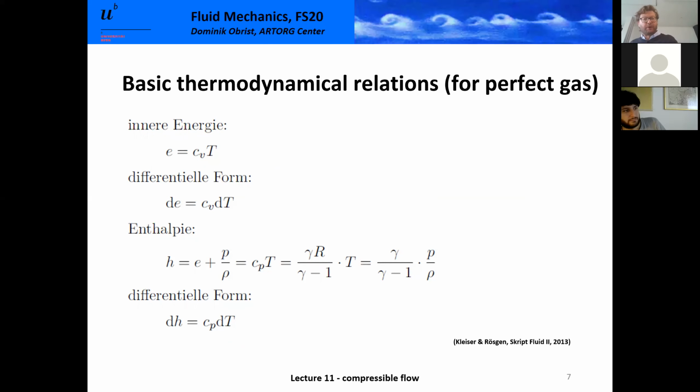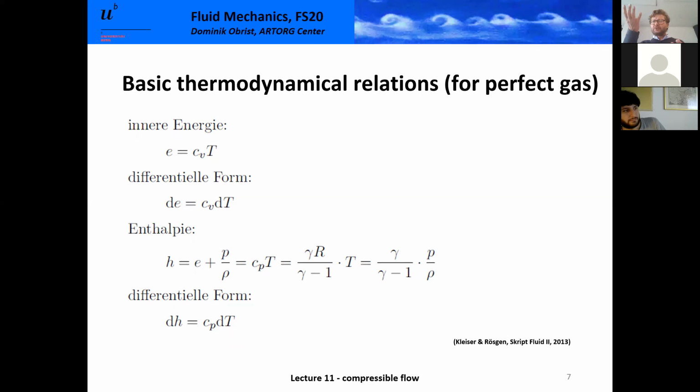If we have a perfect gas, we can define energies of the gas. First, an inner energy. I apologize that the slides are in German, but I trust you can deal with that. The inner energy of a gas, or let's say the energy density of the gas, is denoted by the variable E, and it's proportional to the temperature. I think that's quite intuitively clear.